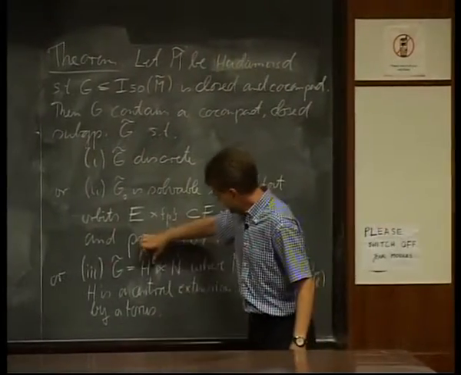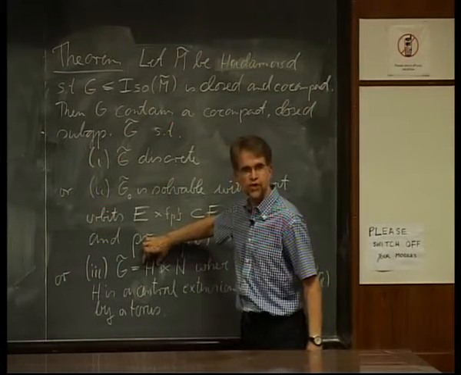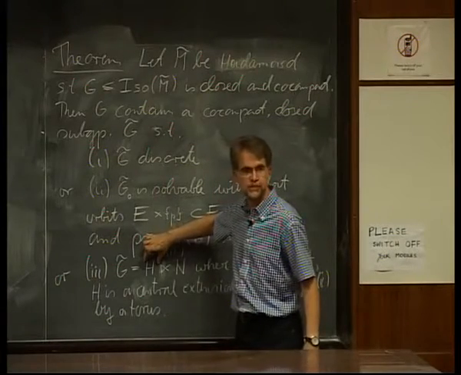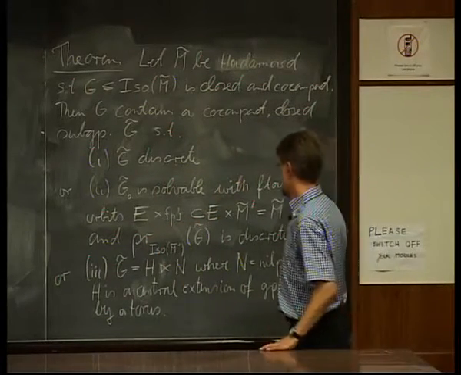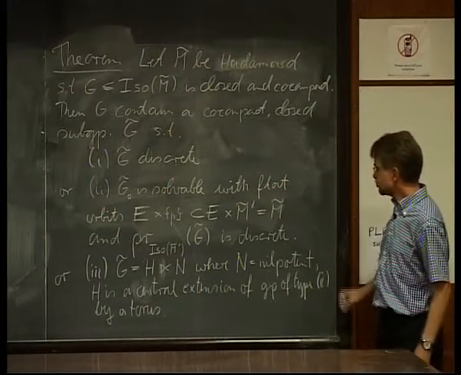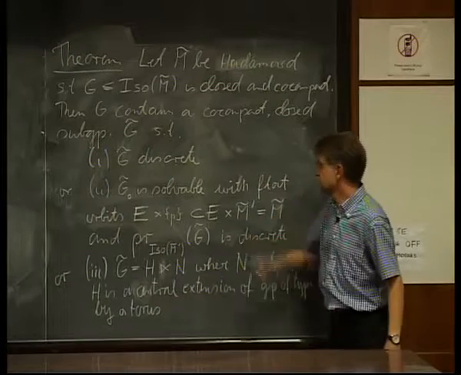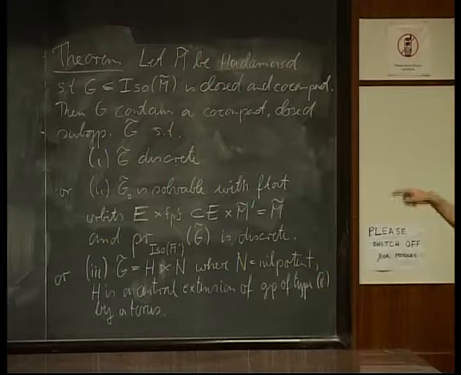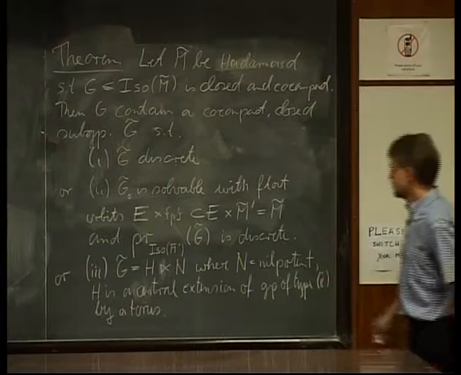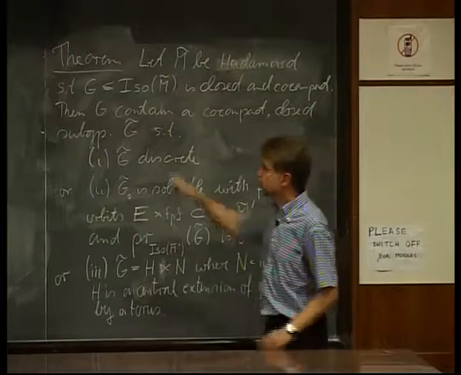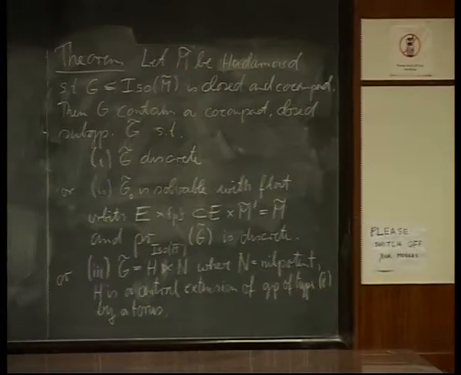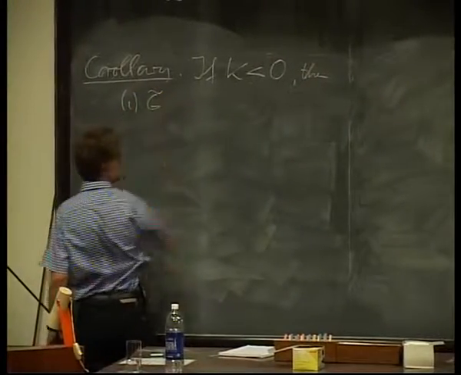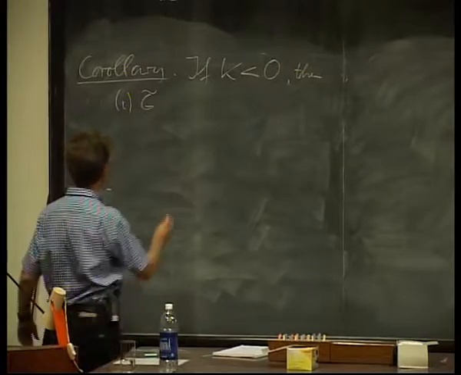For example, H also acts co-compactly on some totally geodesic subspace, and this totally geodesic subspace would then split in a manner given in 2. So Euclidean times something else. And this can, of course, not occur if the curvature is negative. So in this case, everything becomes much simpler.